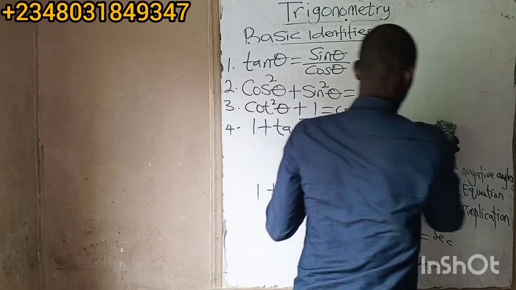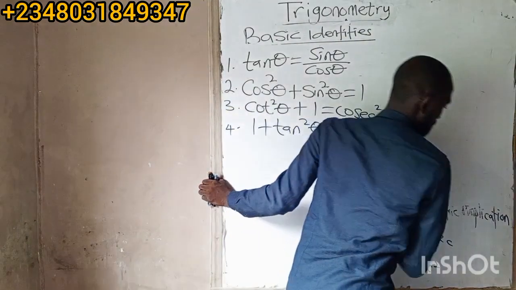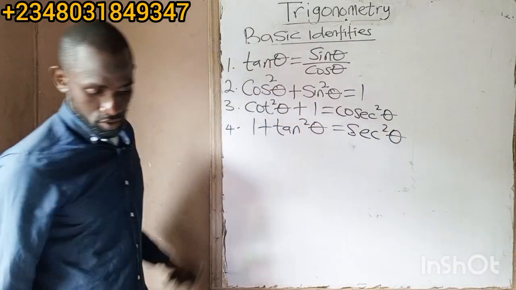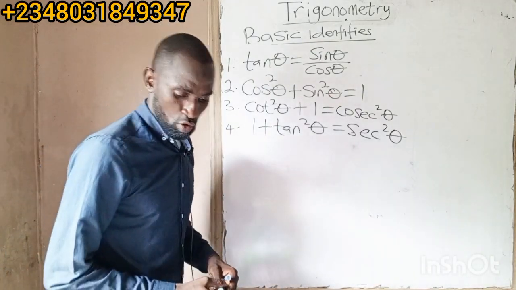So let us see the way we use these ratios in questions. Let me wipe all these ones up, since we've written them down. Here we are given that cot theta equals 12/13.